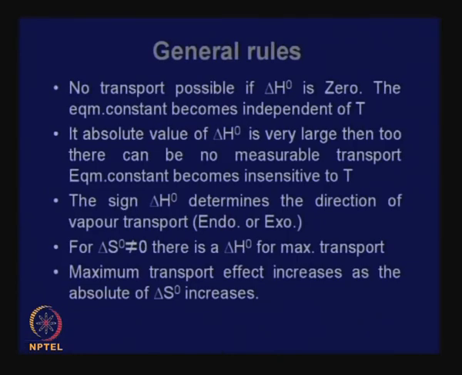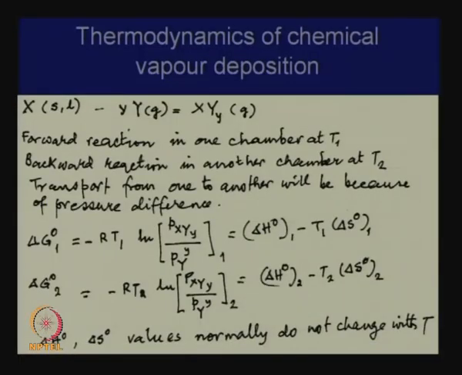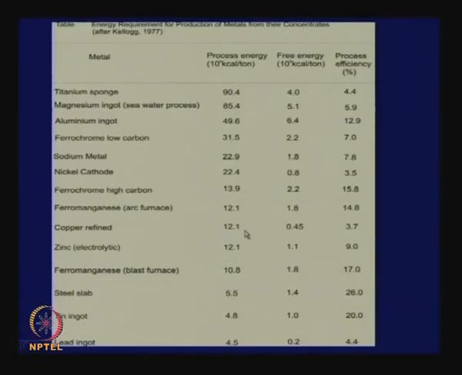The equilibrium constant becomes insensitive to temperature. If this is a very large value, then the T delta S naught term becomes too small compared to this, and we will not be able to have the reversal.